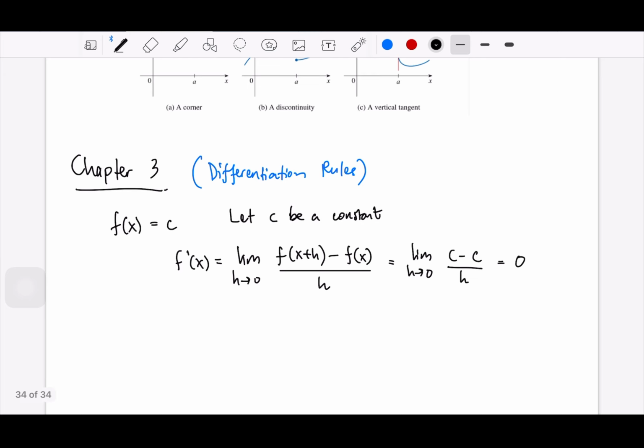So we can write that the derivative of a constant is 0. Now you have a reason why, if you have a constant like 8 or 5, like the line x equals 5 or x equals 2, the derivative is 0. You can explain it because when we use the limit, we get 0, not because you memorized it. We know the reason.